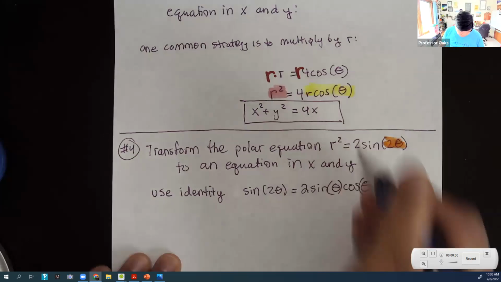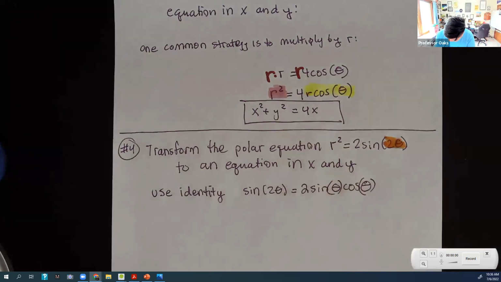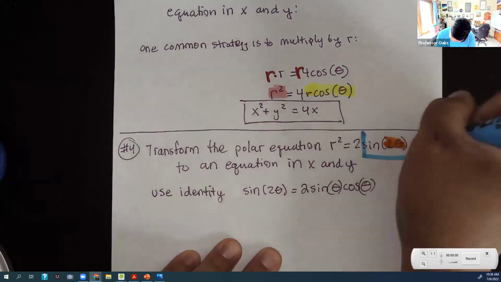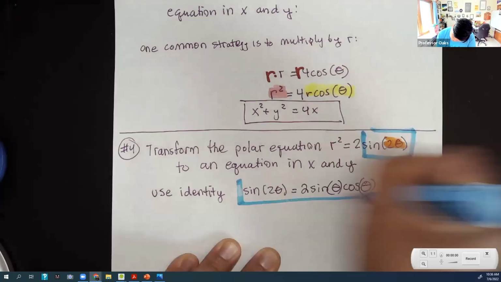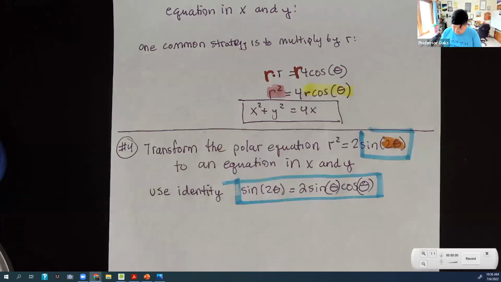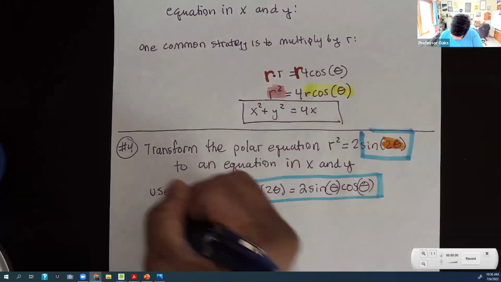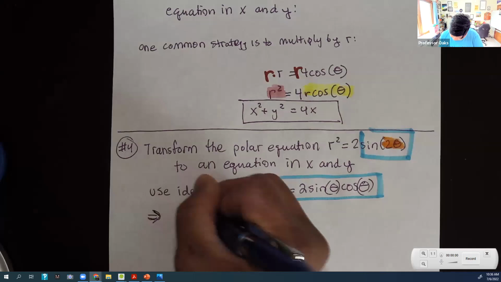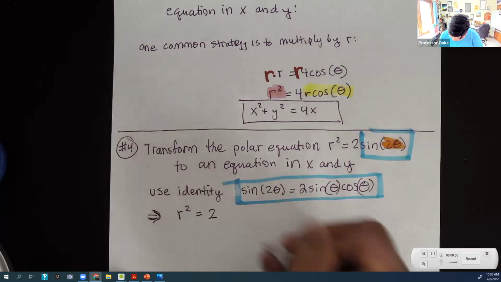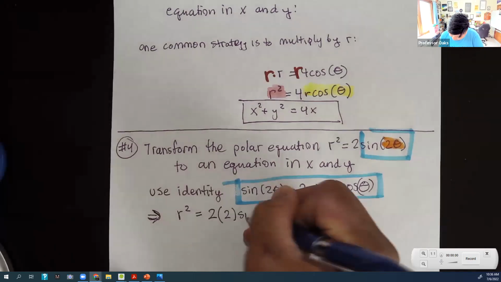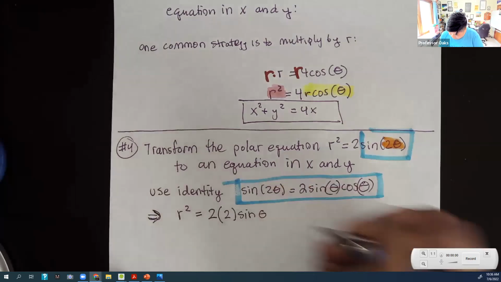That gets substituted in here. So then we have, therefore, r squared equals 2 times 2 sine theta cosine theta.